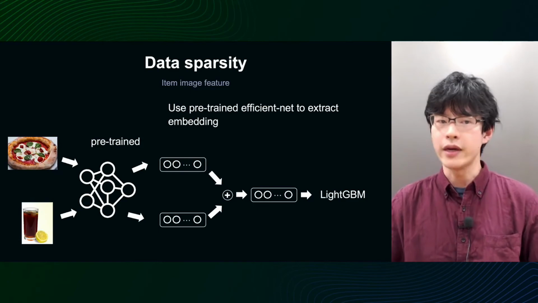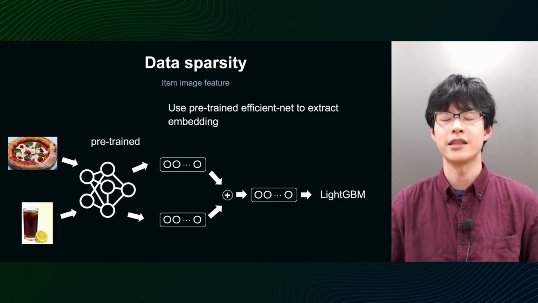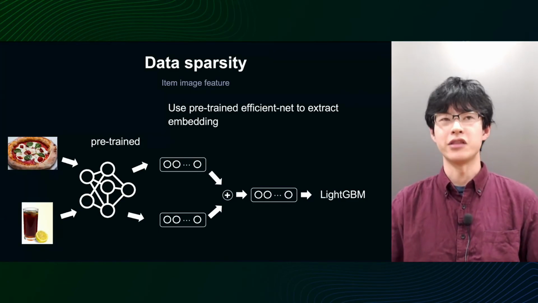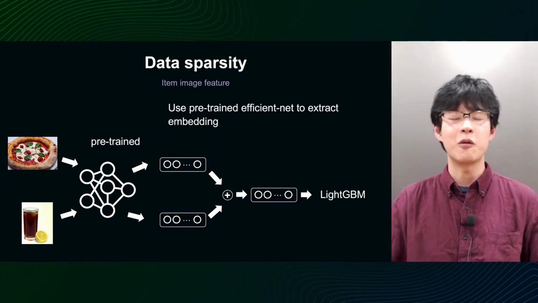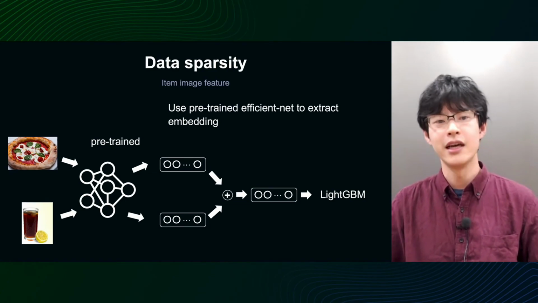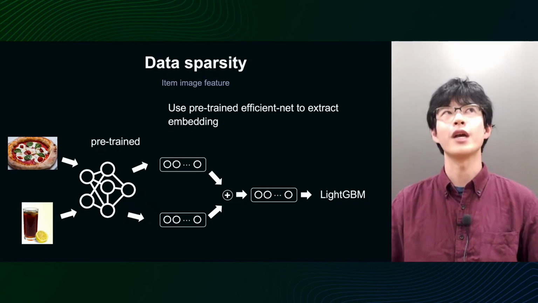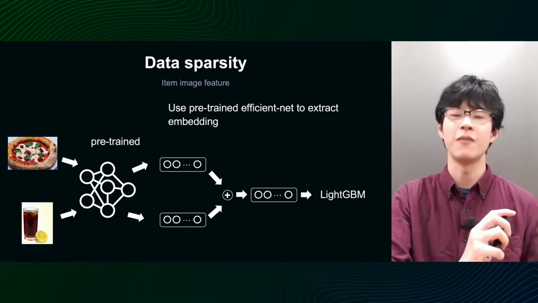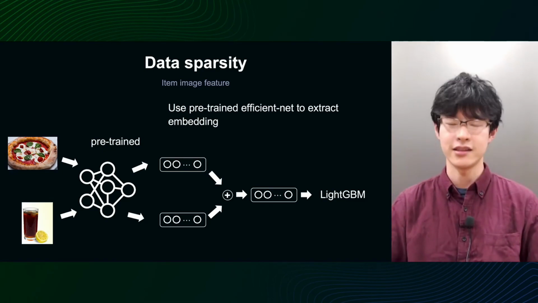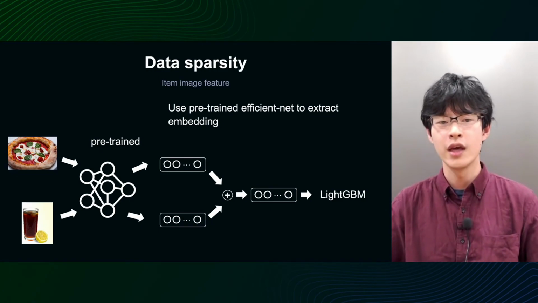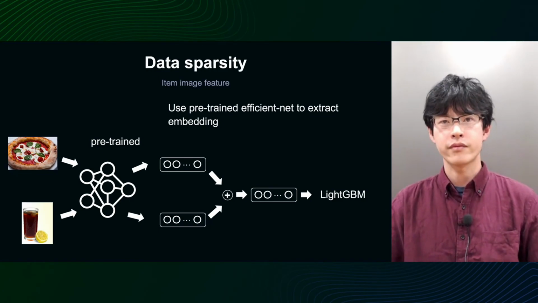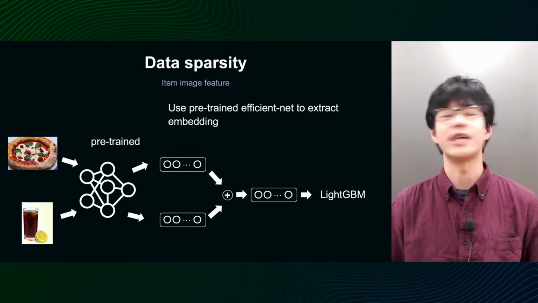The second feature is image features. The idea behind this is that even if the restaurants and regions are different, similar items and products will show similar trends. Specifically, curry is made in advance and can be served immediately, but pizza takes time to bake after it is ordered, so it may take longer to serve.